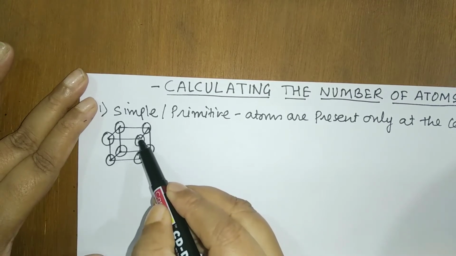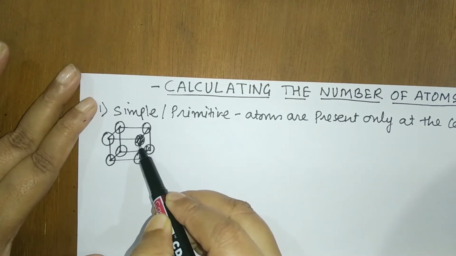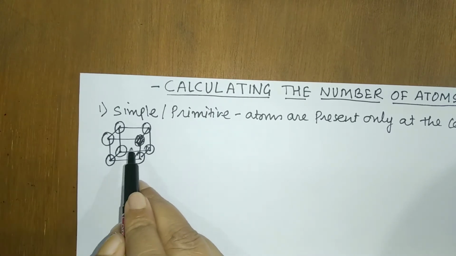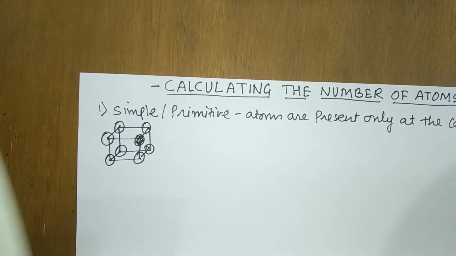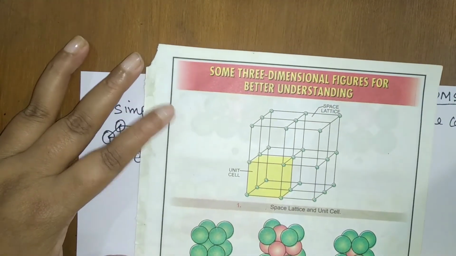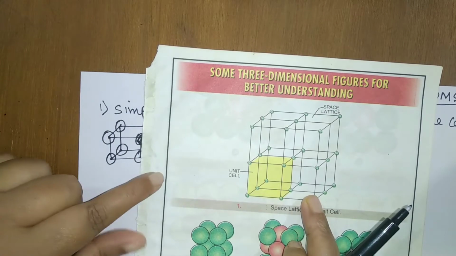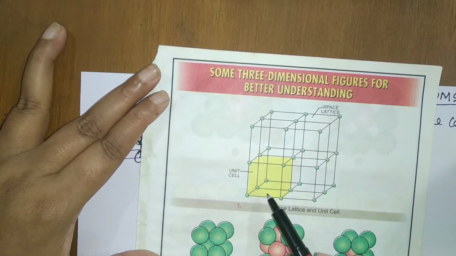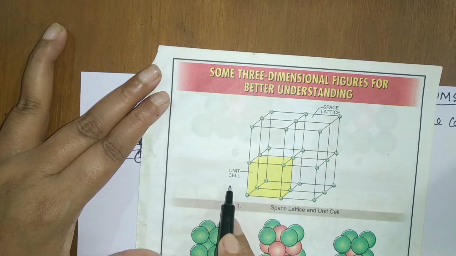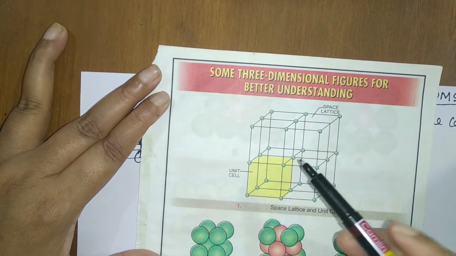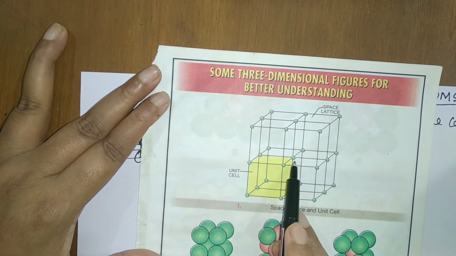Now if you see the atom which is present at the corner, how much of this atom will contribute to the unit cell? For that, let us take a glance at the diagram of the unit cell. If I call this the lattice, the yellow shaded portion gives you the unit cell. Let us take a glance at the central atom here.